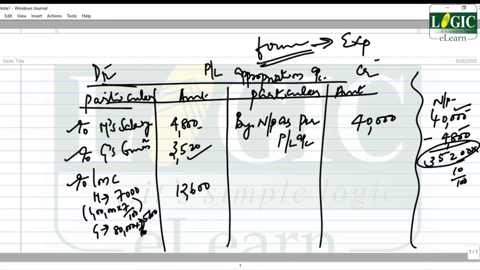12,600. Then 5% interest will be charged on partners' drawings. The annual drawings were 16,000 and 14,000 respectively. When drawing dates are not mentioned, you will have to hypothesize that they were withdrawn during the mid of the year.